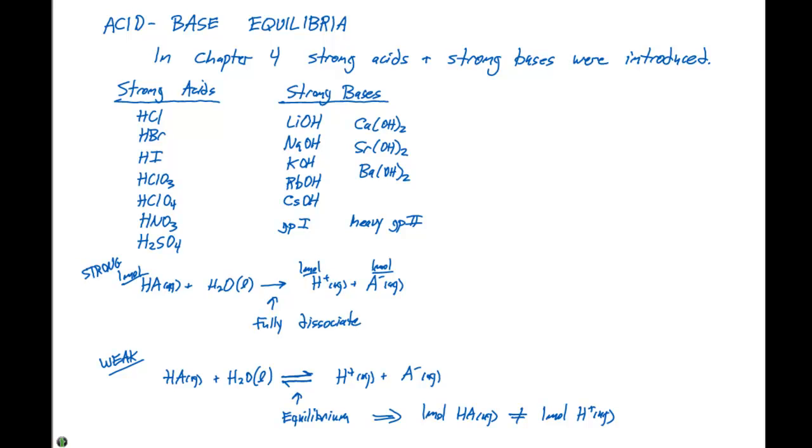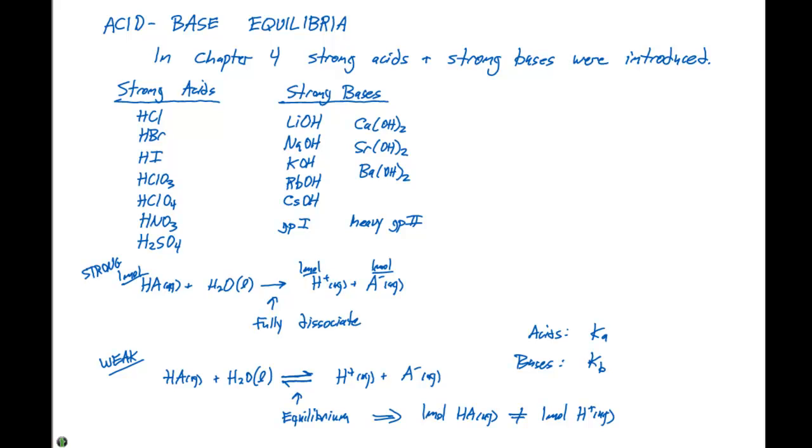So we have to understand what an equilibrium is. And for acids, our equilibrium expression is going to be given a Ka, and for bases, we have a Kb.